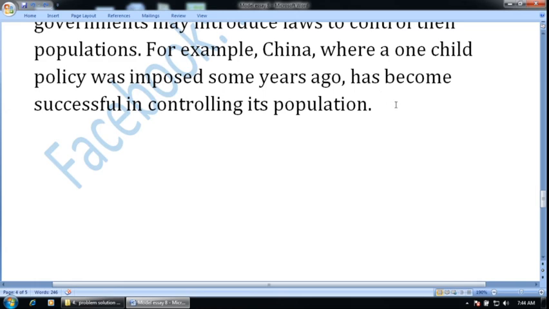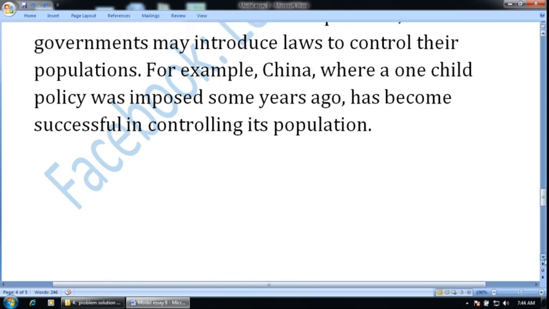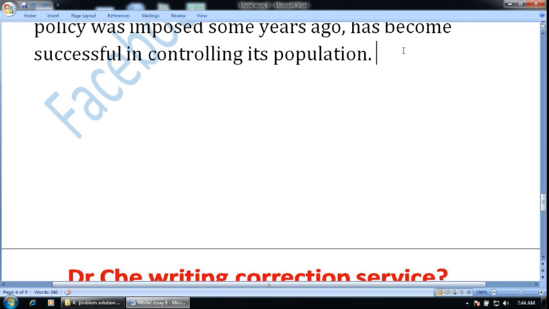After we have given the main solution with an example, we can expand it a bit more just to complete it. For example, governments can also launch awareness campaigns to control population.